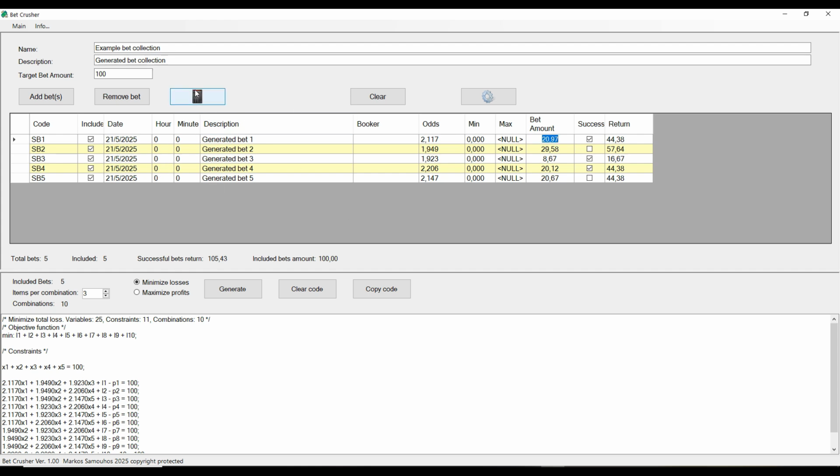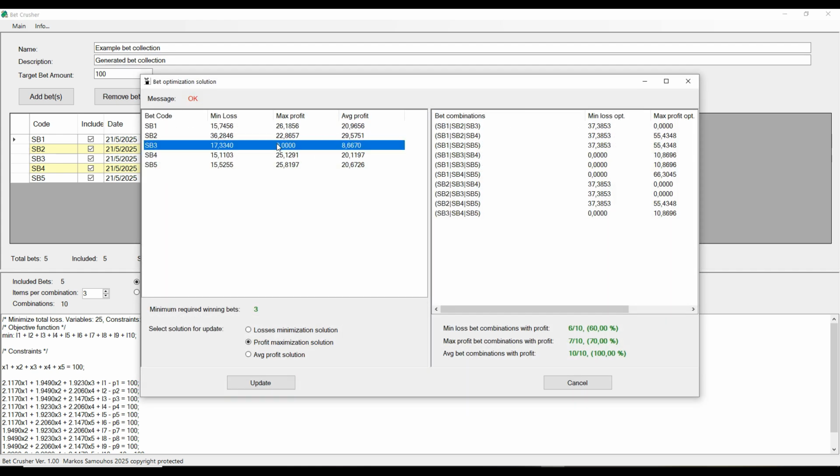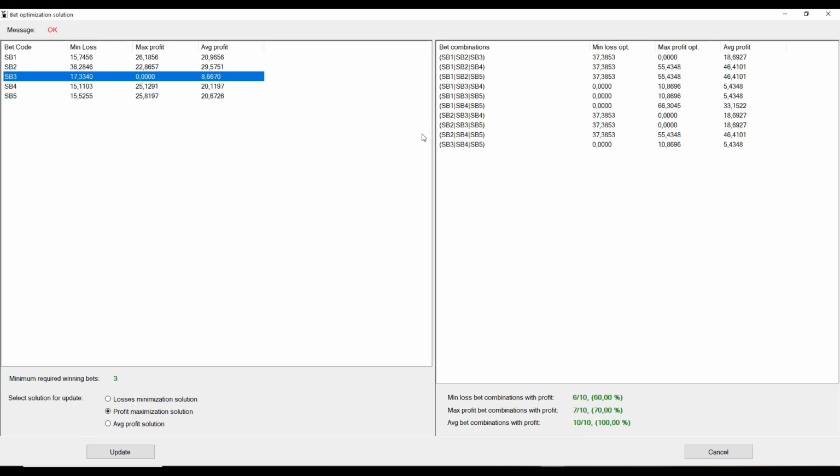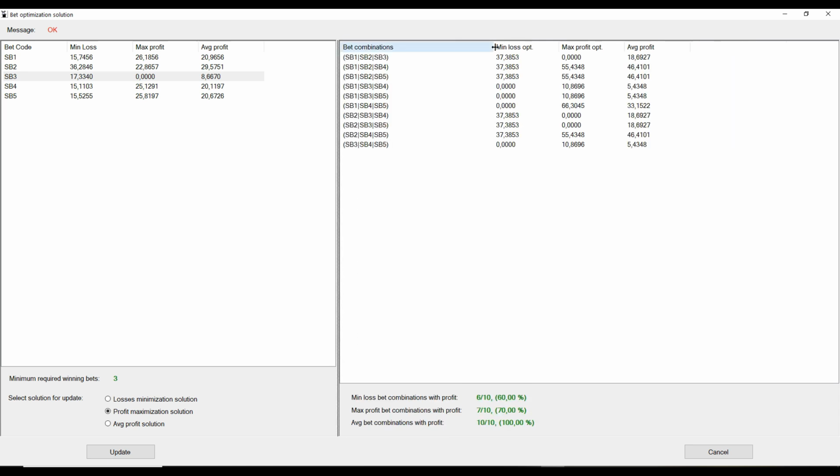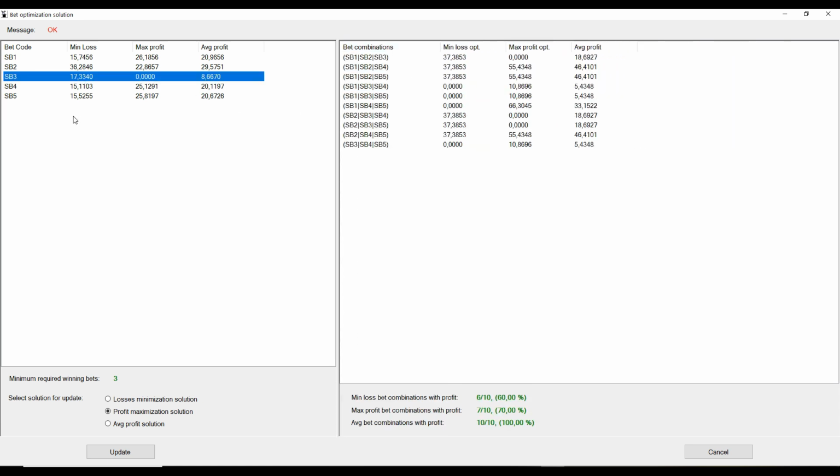Okay, and now let's go back and discuss this zero. This zero means that it's possible to decrease the number of the bets by one, and win not 3 out of 4, but 2 out of 4.